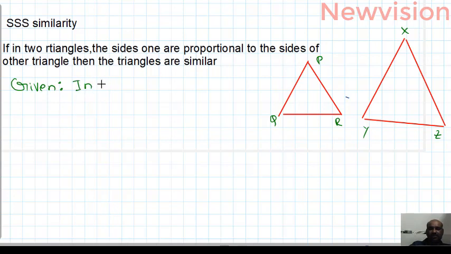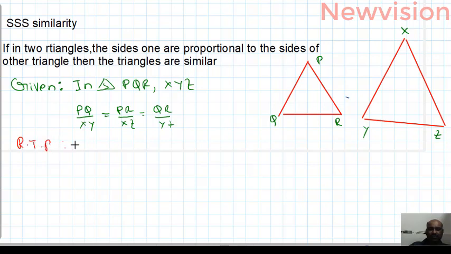In triangles PQR, XYZ, PQ by XY equal to PR by XZ equal to QR by YZ. What should we prove? Required to prove: triangle PQR is similar to triangle XYZ.